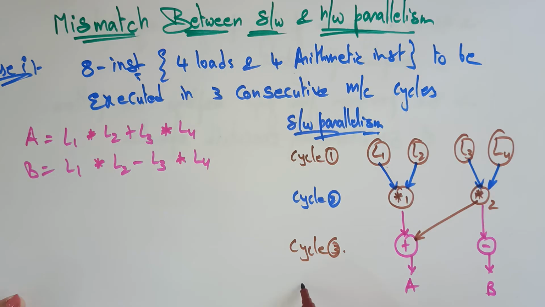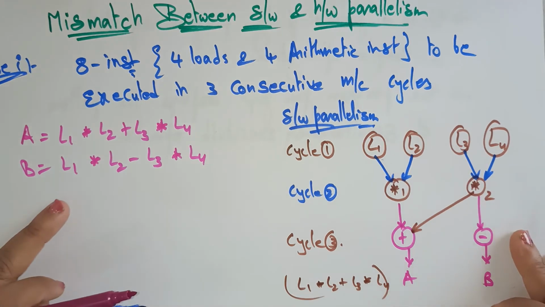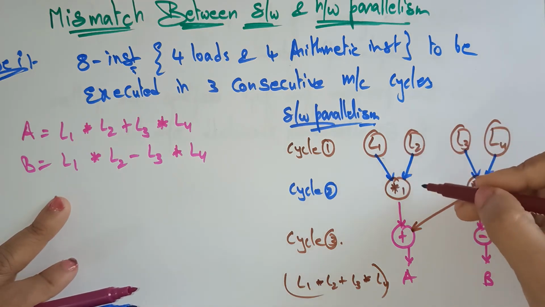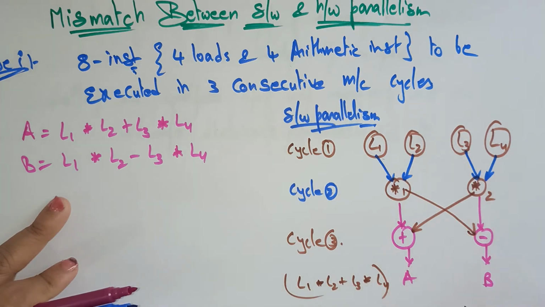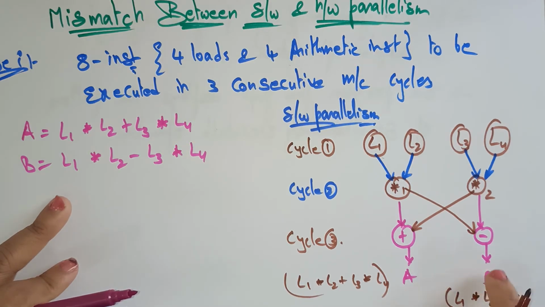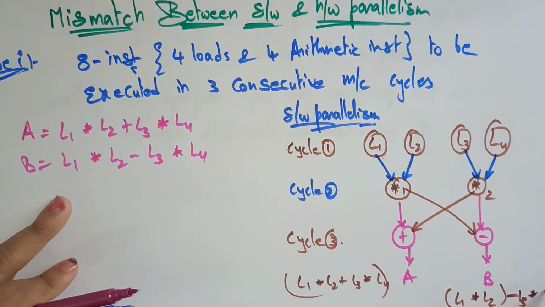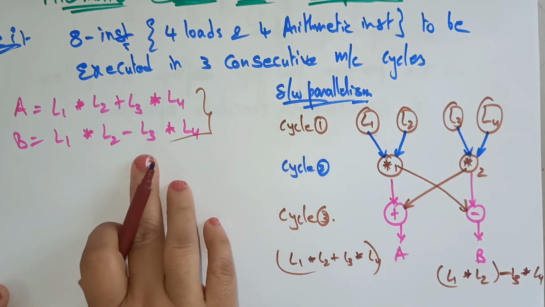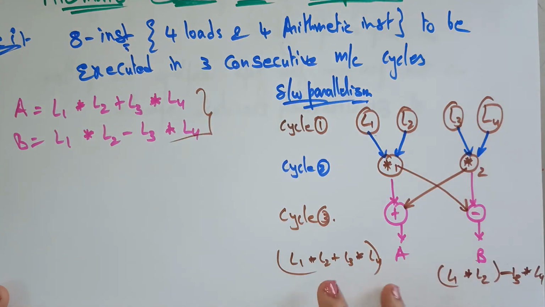The second equation is L1 into L2 minus L3 into L4. So these 2 instructions, A and B, mean the total 8 instructions are executed in 3 machine cycles.